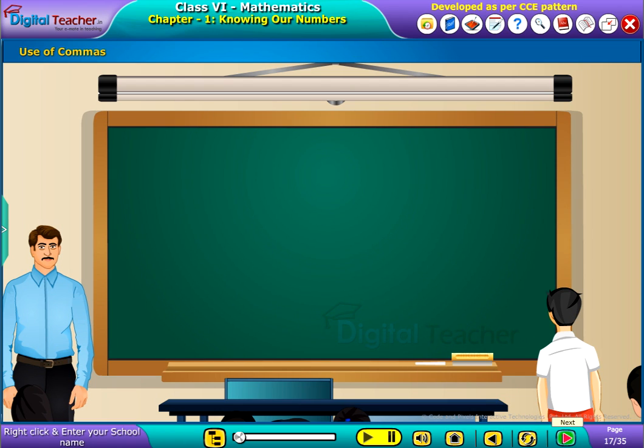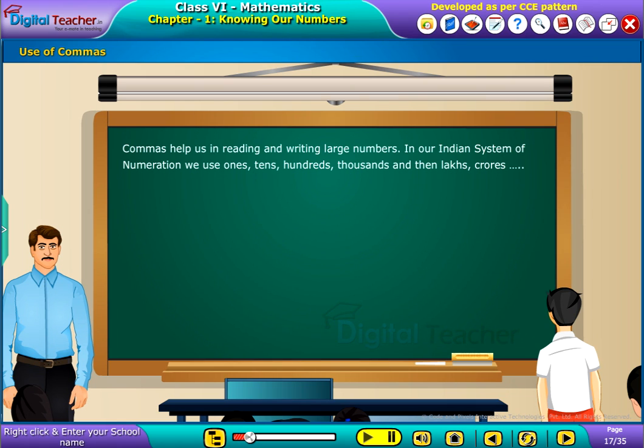In this section, we are going to learn about using commas in appropriate places in large numbers. We have often used commas while writing numbers. Commas help us in reading and writing large numbers. In our Indian system of numeration, we use ones, tens, hundreds, thousands, and then lakhs, crores, and so on.